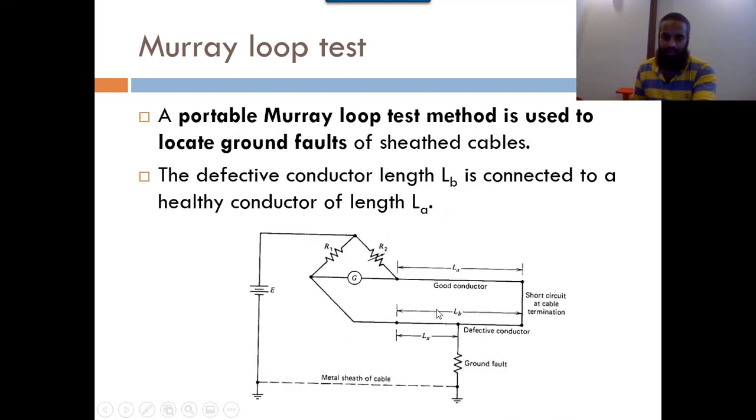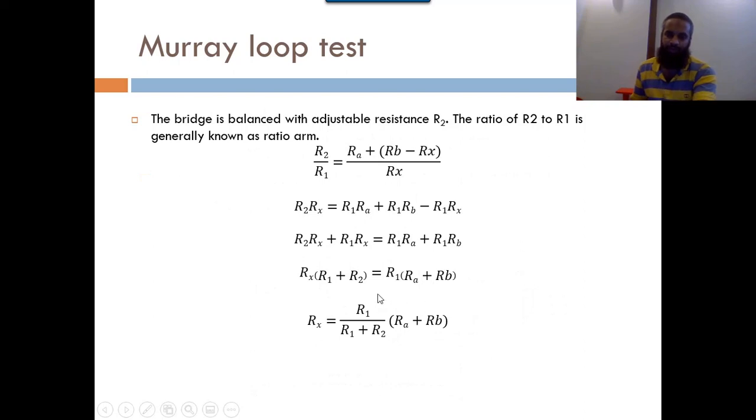But in this given situation, we can measure La and Lb, but we cannot measure Ra and Rb. So we need to change this formula and change these values of Rx, Ra and Rb into La, Lb and Lx.